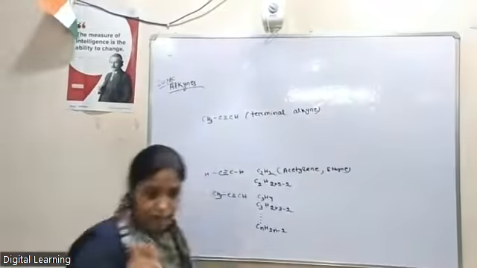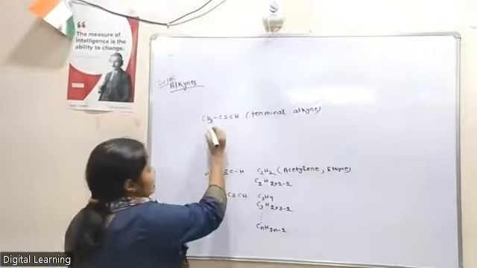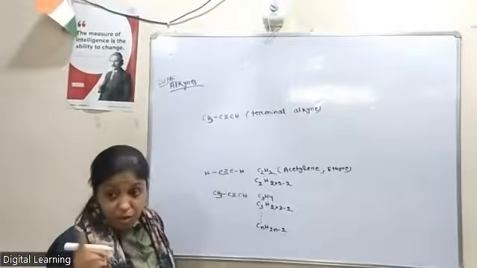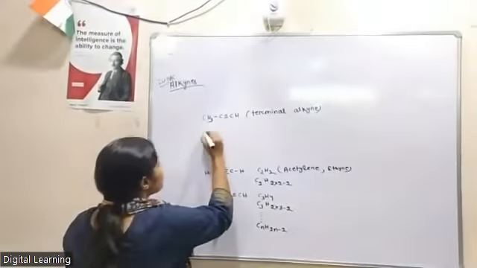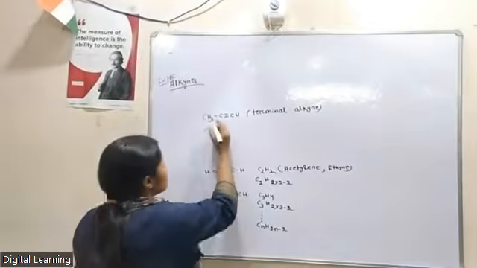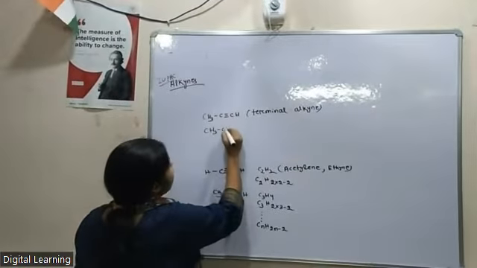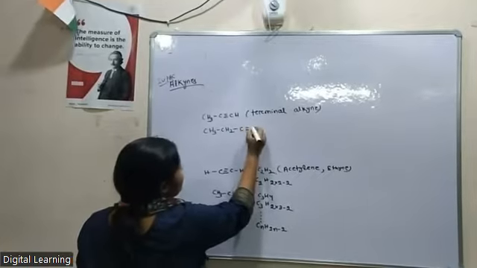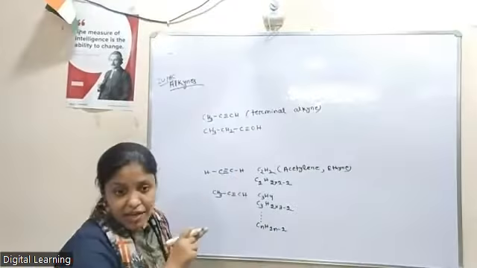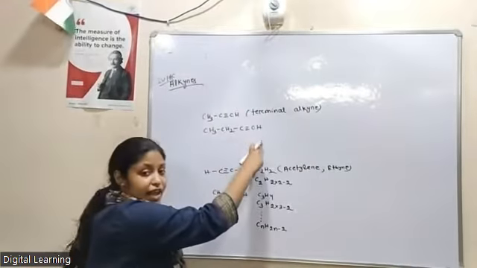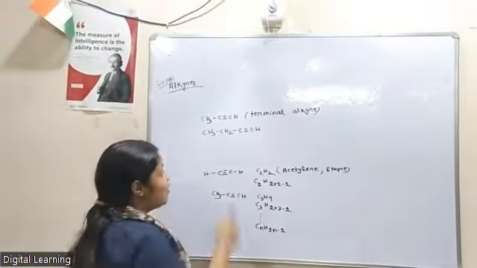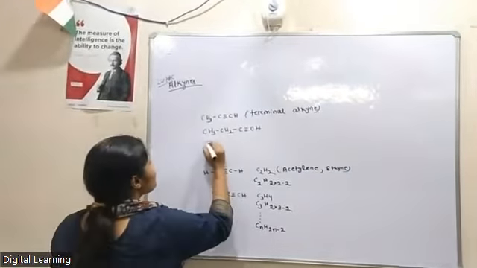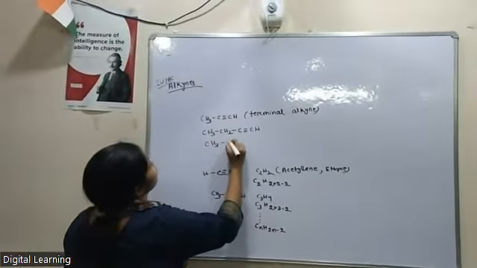This is terminal alkyne. We can write butyne. What is the molecular formula for butyne? One more carbon atom: CH3, CH2, C triple bond CH. This is butyne, a terminal alkyne.